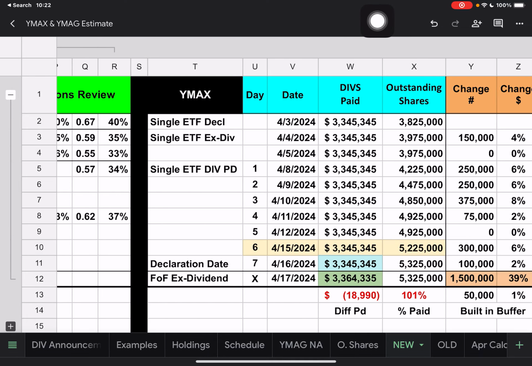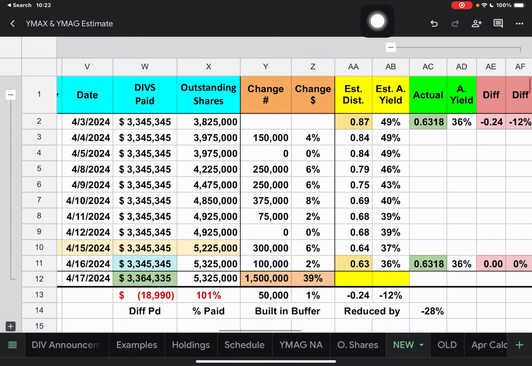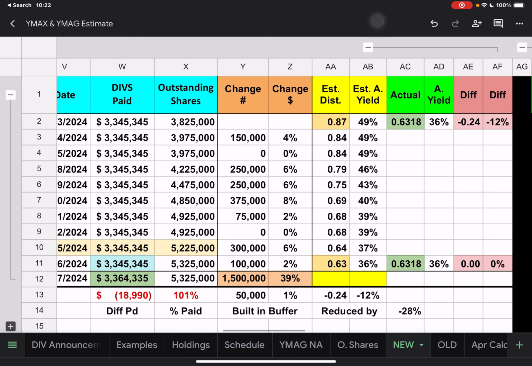I know I hear a lot of people say that, oh, they don't care, whatever. But if your distributions are being reduced by 28%, you might care. I don't know. Of course, some people just don't want to do the work. They don't want to buy in every month to different tickers, and they just want to buy into one ticker.